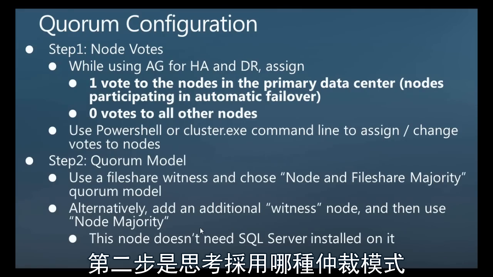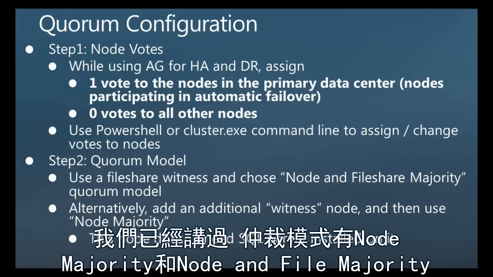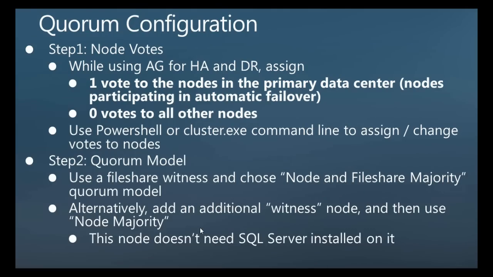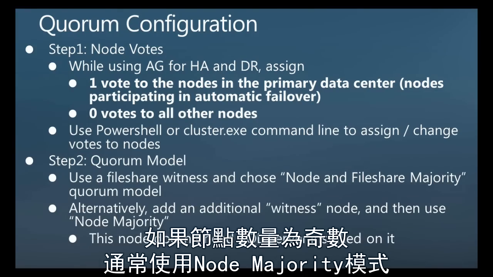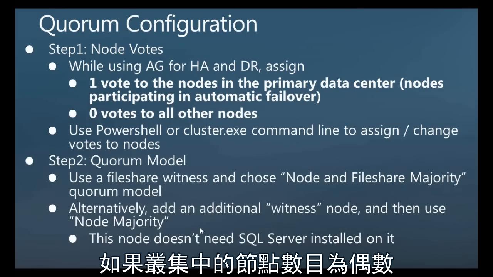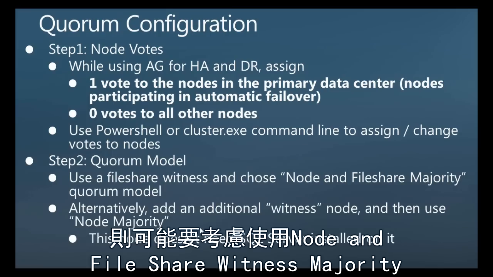We already mentioned there's node majority, and node and file share witness majority. In this AG solution, usually use node majority if you have an odd number of nodes. If you have an even number of nodes in the cluster, then you probably want to consider node and file share witness majority.